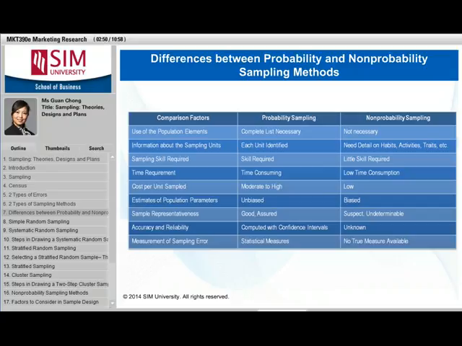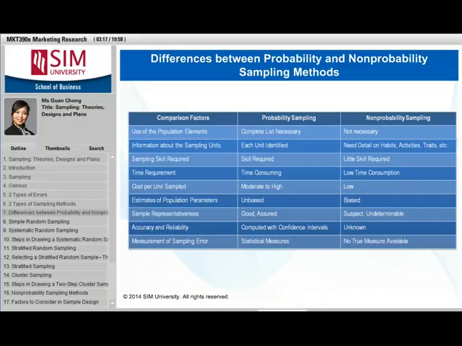For sampling scale required, probability sampling requires strong sampling scales, while non-probability sampling requires little scales. For cost per unit sampled, probability sampling has moderate to high cost, while non-probability sampling has low cost.